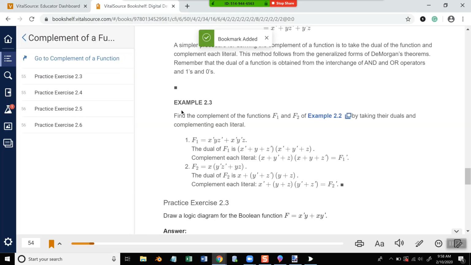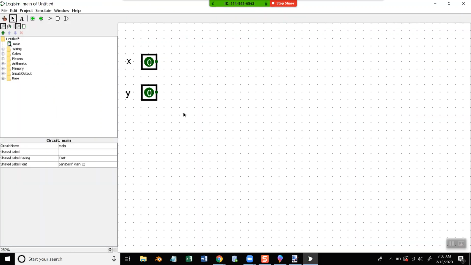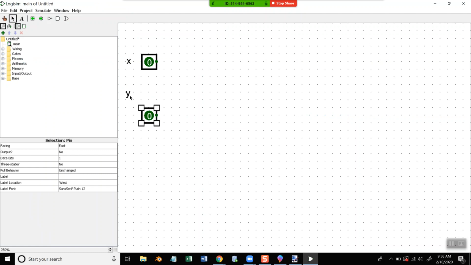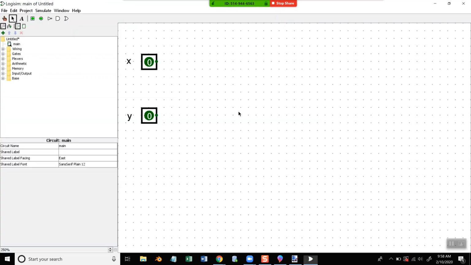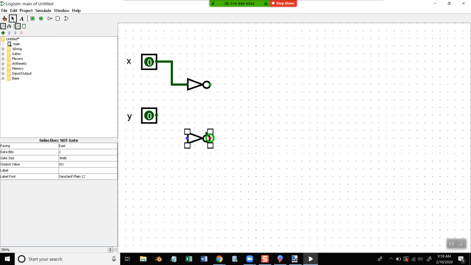Okay, so I put them a little bit too close together. Do I need X prime, Y prime? I need X prime, and I also need Y prime. Okay, so I'm gonna need an inverter on here. That's gonna give me X prime. Need an inverter down here. That's gonna give me Y prime.